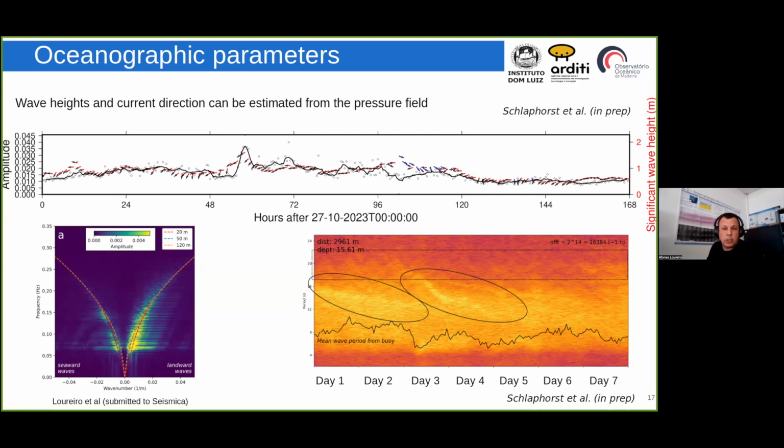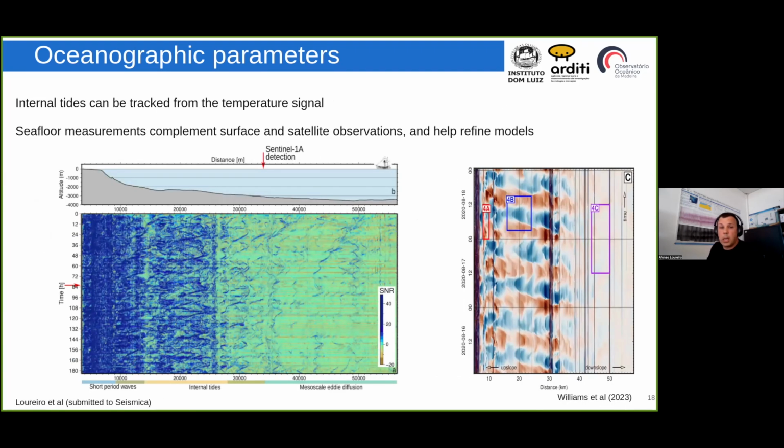What we find is that we have a very good match between our predictions from the pressure signal and the observations on the buoy. There is only one part of the cable where there's not such a good correlation, but it was during a storm. So we had not only the influence of the local conditions, but also very windy conditions that didn't reflect in the pressure signal.